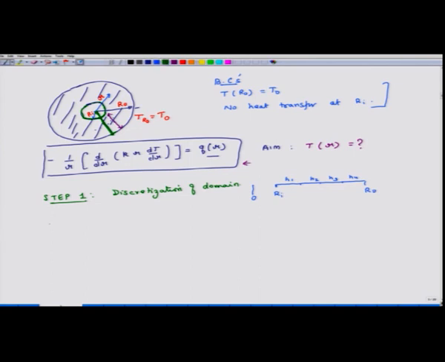The second step, step 2: assume interpolation functions or approximation functions for the variable for each element. So, what is the unknown variable in this problem?